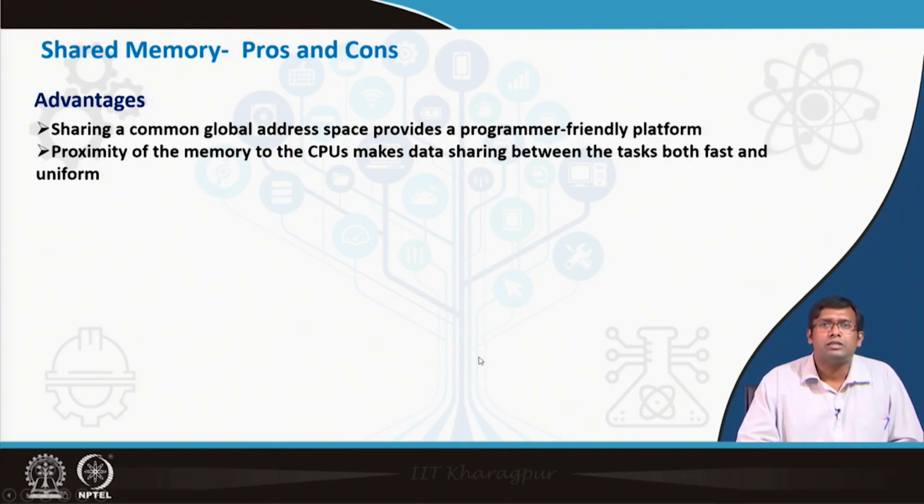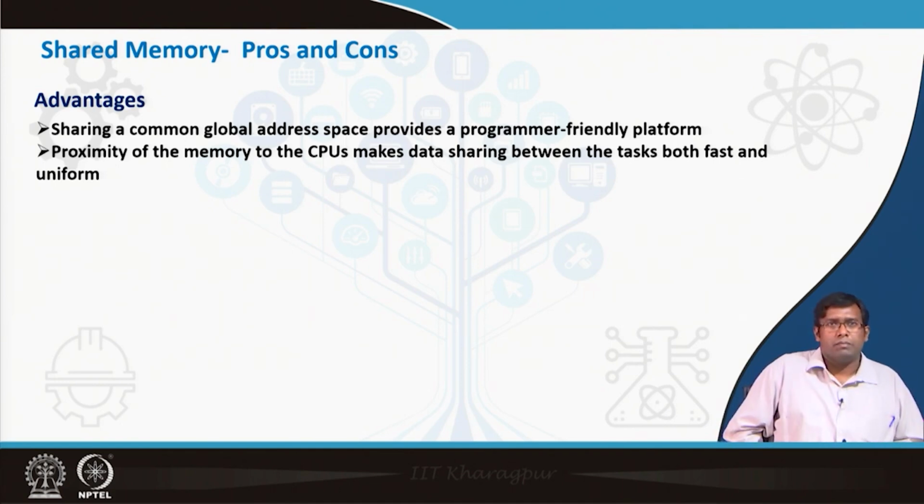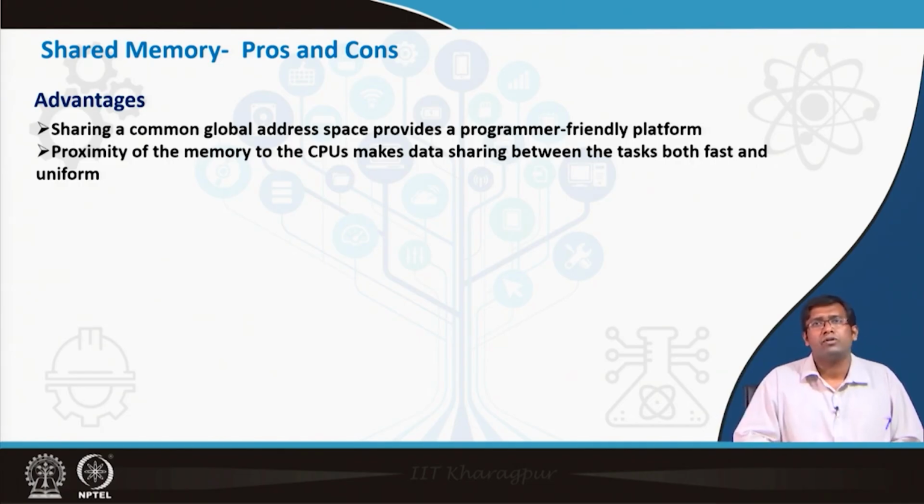Proximity of the memory to the CPU: the memory is much closer to the CPU, and this makes data sharing both fast and uniform.